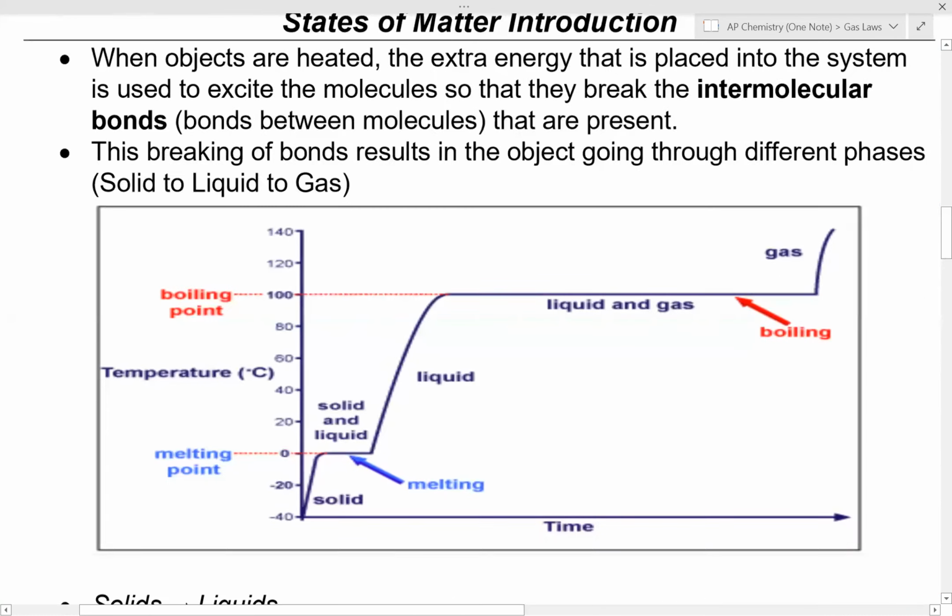Now, we have this phase diagram where on the y-axis you have temperature, and on the x-axis you have time. And recall from the introduction, what's happening is at these plateaus, you have your phase changes.